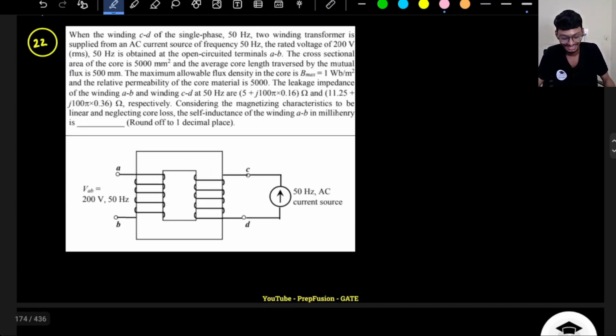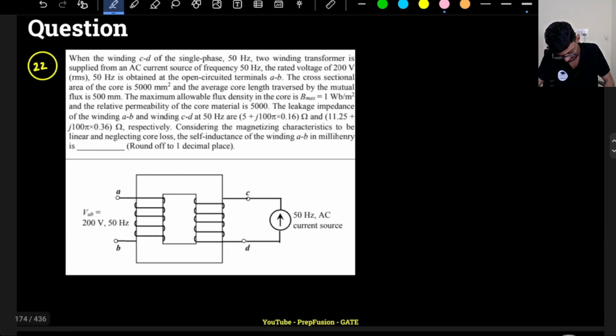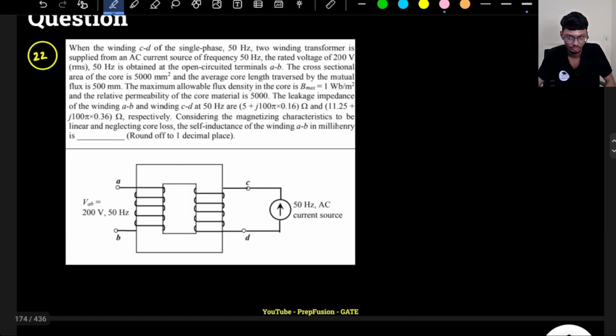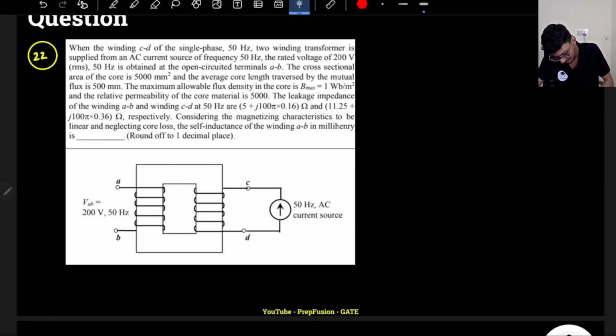Next question is pretty big. I think this is a very latest question, like a GATE 2024 or GATE 2023 question. So here, the winding CD of a single phase 50 hertz two winding transformer is supplied with AC, and the rated voltage is obtained at the primary, which is open circuited.